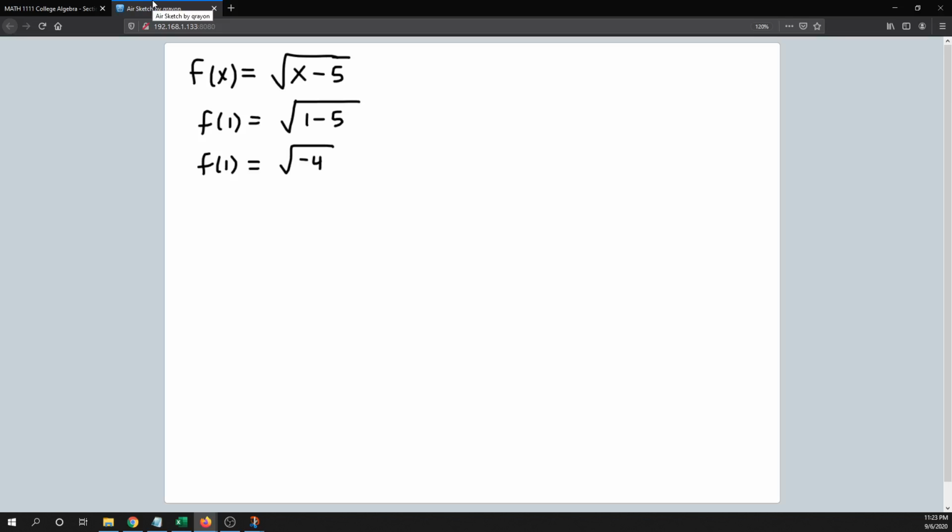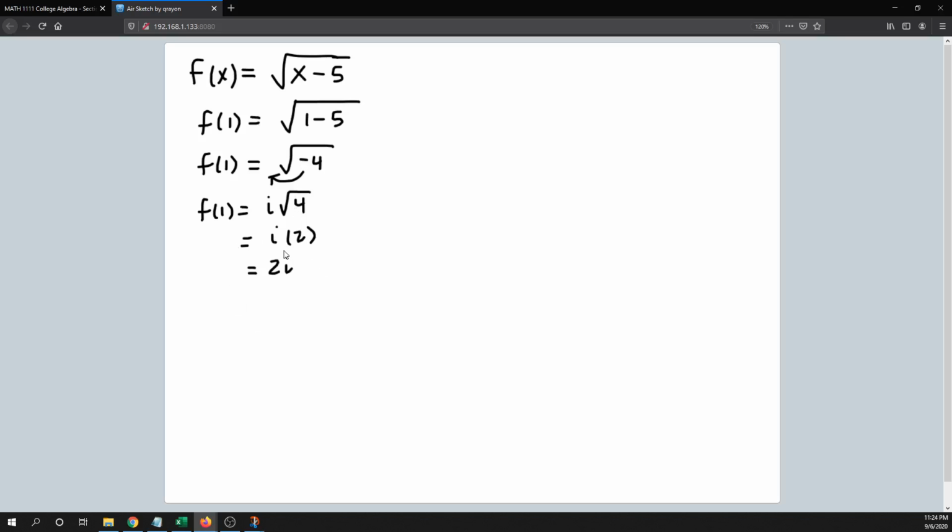And when I start evaluating this out, you'll see I get a negative underneath the square root sign. And when you have a negative underneath the square root sign, it comes out as the complex number i. And the square root of 4 is 2. So this comes out as the complex number 2i.